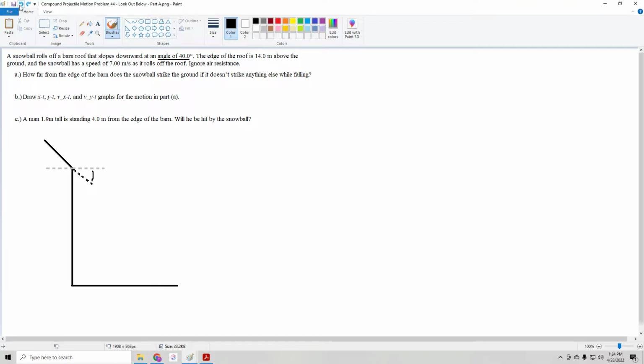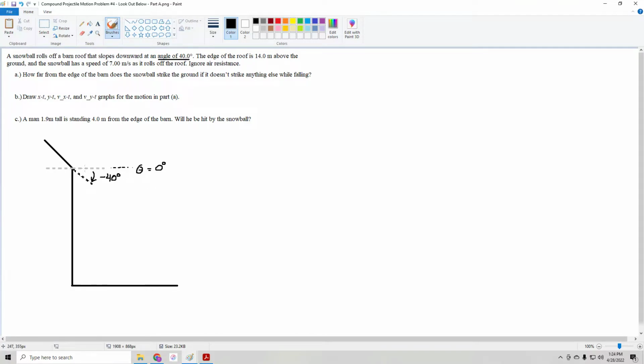Our downward slope. And it's going to be negative 40 degrees. Why negative? Well, it's sloping downward, and we said that this angle right here is our reference angle where perhaps the theta is equal to 0.